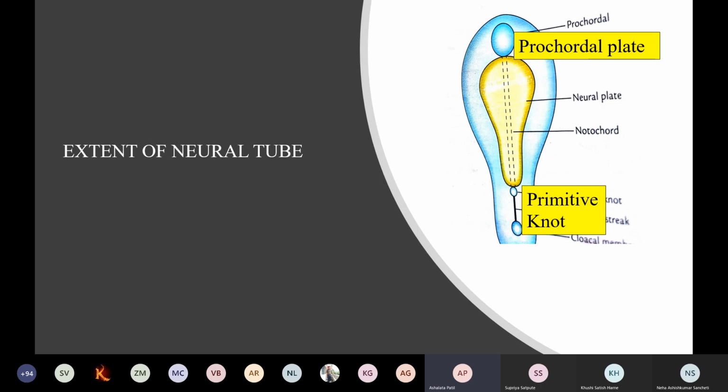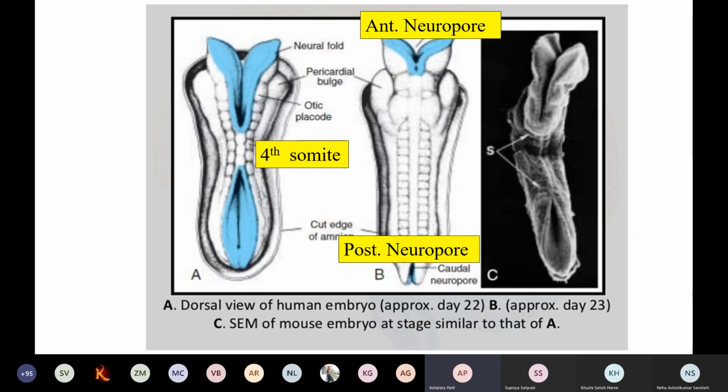This is the site of the buccopharyngeal membrane where ectoderm and endoderm are in contact. So that is the extent of the tube, from the primitive node up to the procordal plate. Now this neural groove, we have seen, sinks beneath the surface, and they fuse and form the neural tube. So where does this fusion start, at which level?